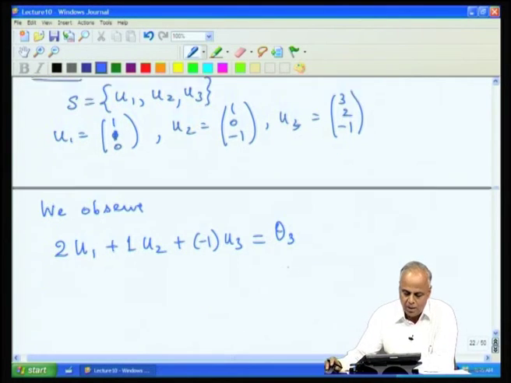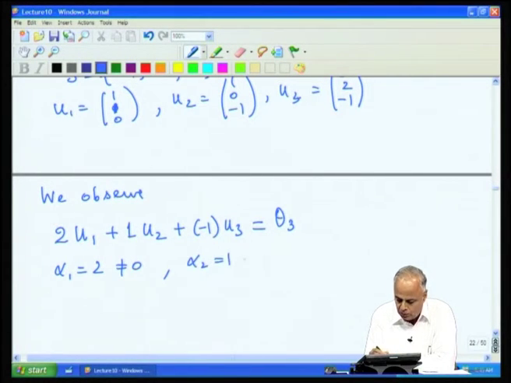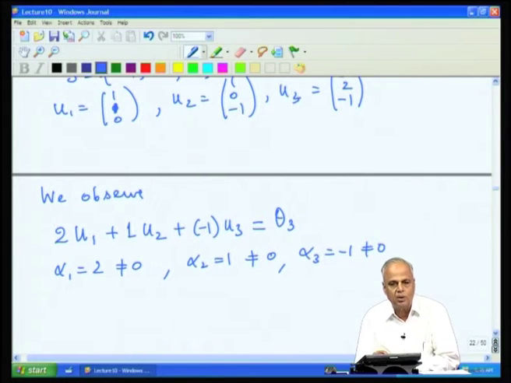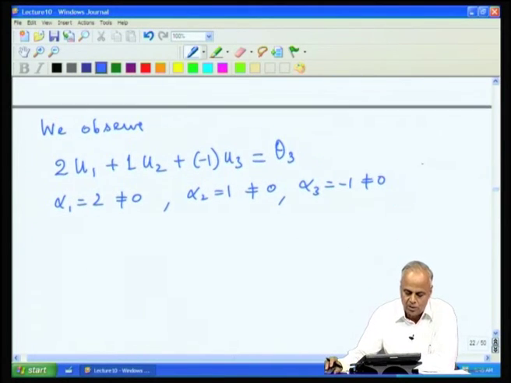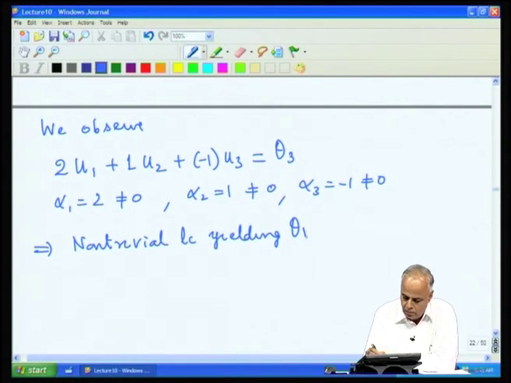Now, we have a linear combination in which the coefficients are not 0. So, alpha 1 is 2 not equal to 0, alpha 2 equal to 1 not equal to 0, alpha 3 equal to minus 1. So, we needed at least one coefficient not 0, in fact, we have got many coefficients not 0. So, this is a non-trivial linear combination yielding theta v.